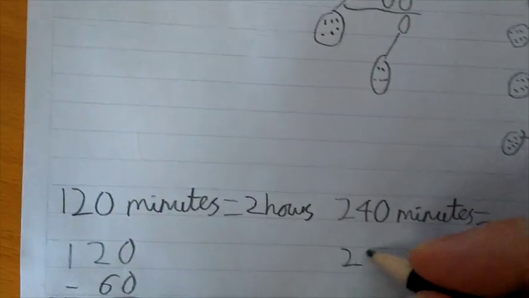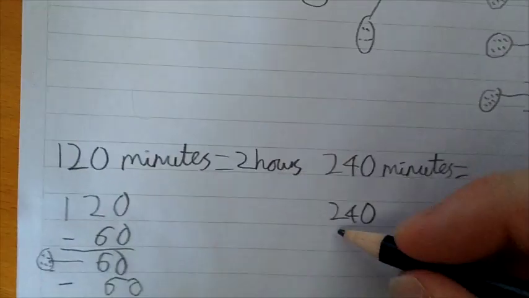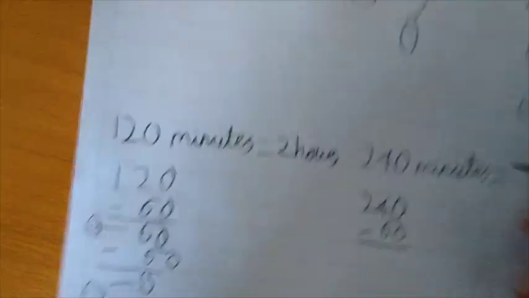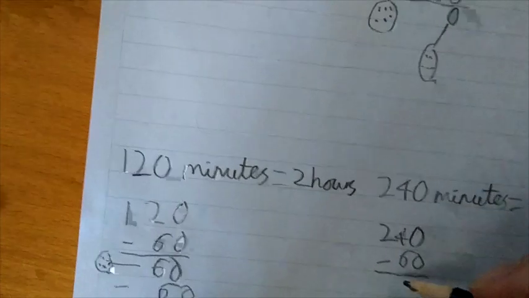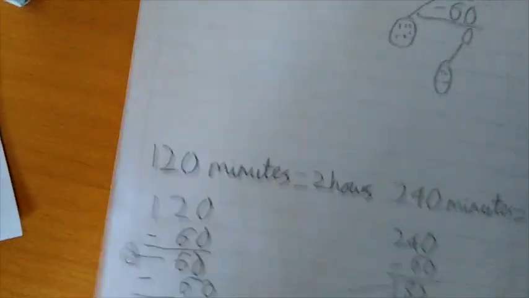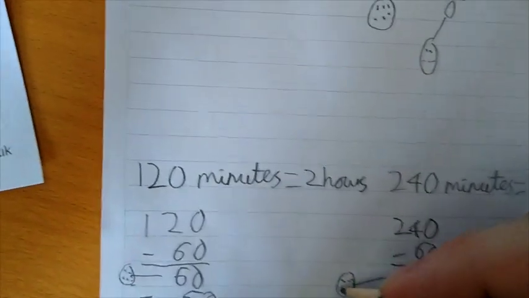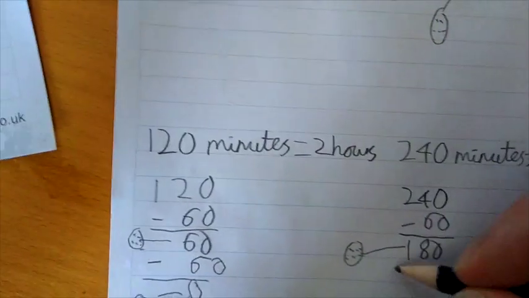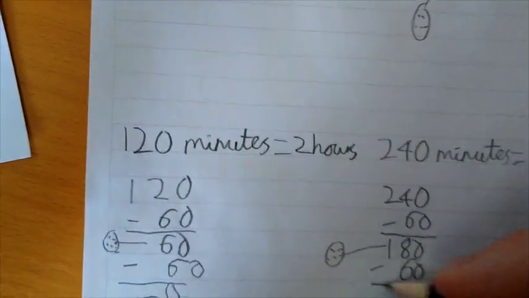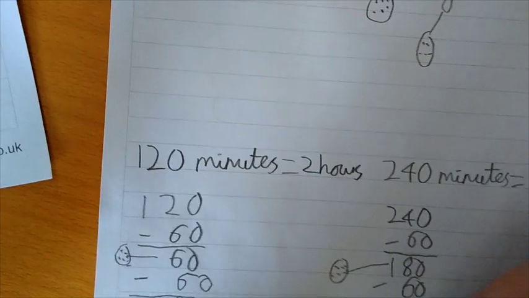240 minutes. So again, we start off by taking away 60. And then 240 minus 60 is 180. So that gives us our first hour bubble, with 60 minutes inside it that we had taken off 240. So take away 60 again, gives us 120.